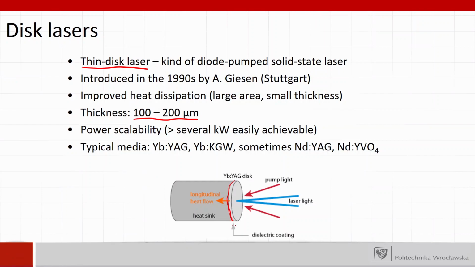So if we minimize one of the dimensions of the disk, of the medium, to the range of micrometers, we can effectively remove the heat from the back side, right? So by doing that, we can easily scale the output power of this kind of lasers up to even kilowatts.